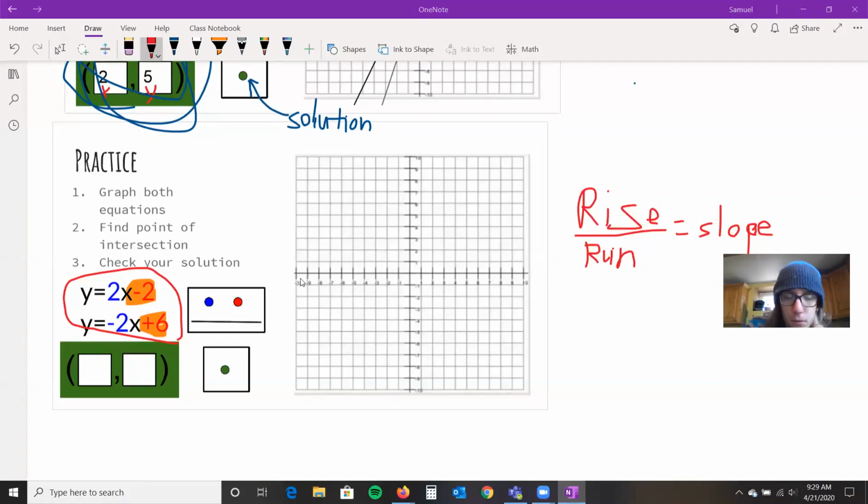Okay, maybe we could divide by 4. 2 divided by 4 would reduce to 1/2. So then the value would be 1/2 instead of 2, though. That's the only issue with that one.